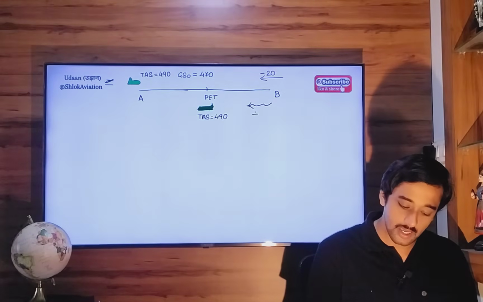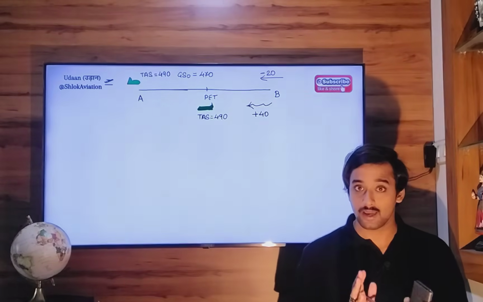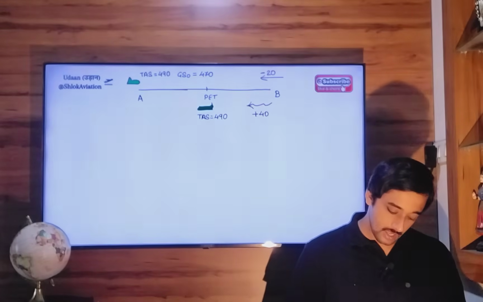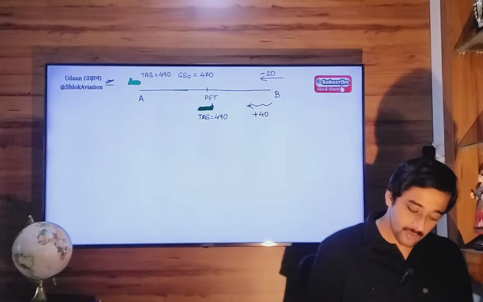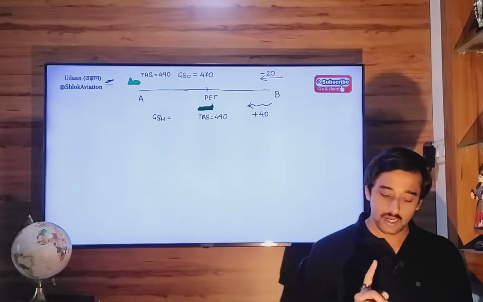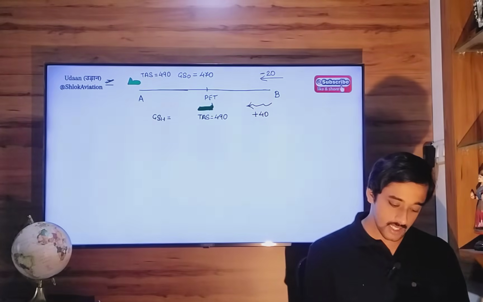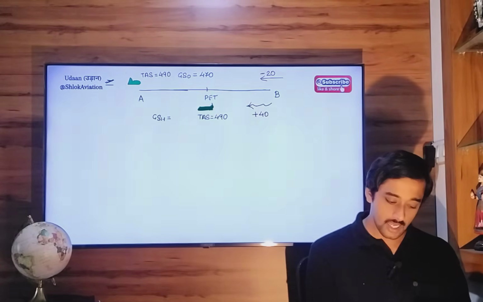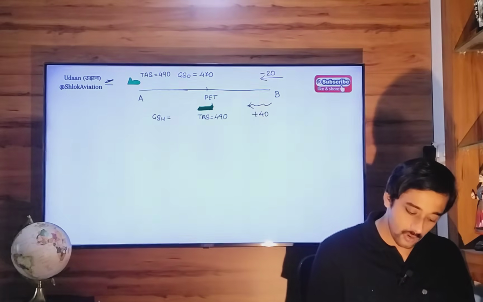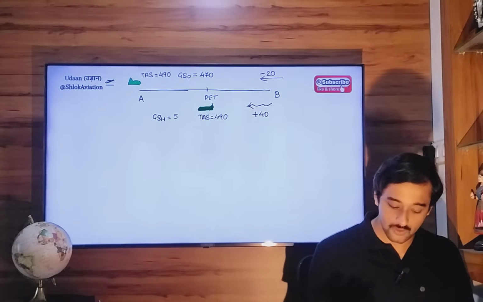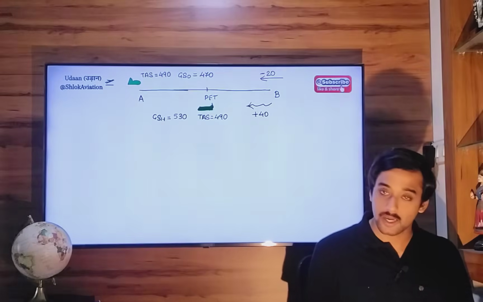You are getting a tailwind of plus 40 coming back home. So the ground speed homebound will be TAS plus tailwind. TAS is 490, tailwind is plus 40. So 490 plus 40 is 530.